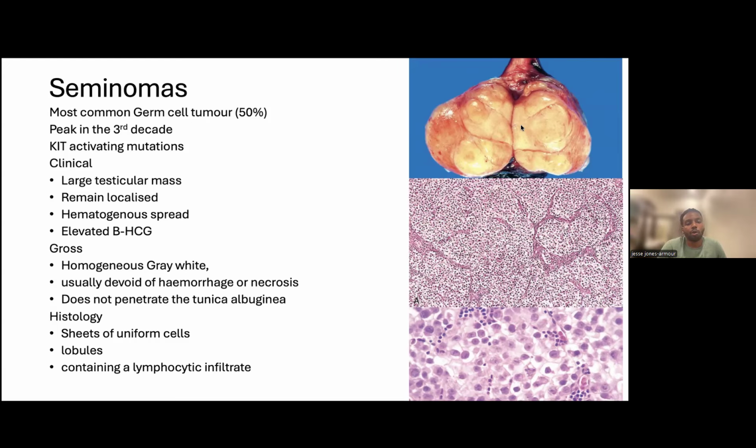Grossly, you have a large white or gray mass, usually devoid of any hemorrhagic cysts or necrosis. It usually does not penetrate the tunica albuginea. And on histology, you have sheets of uniform cells, lobules containing lymphocytic infiltrates, and large nuclei with few mitotic activity.